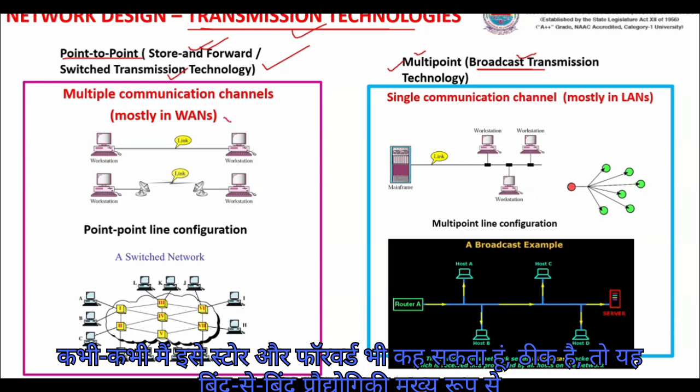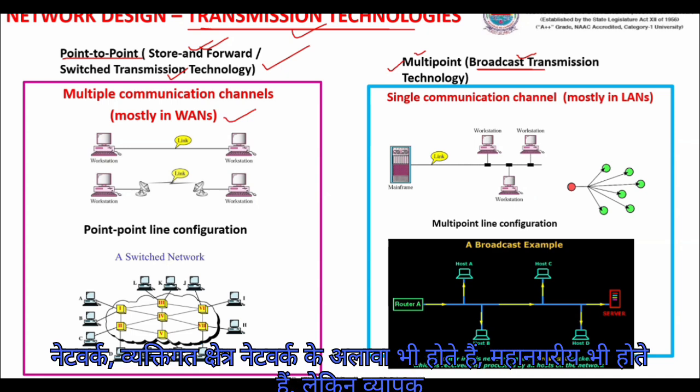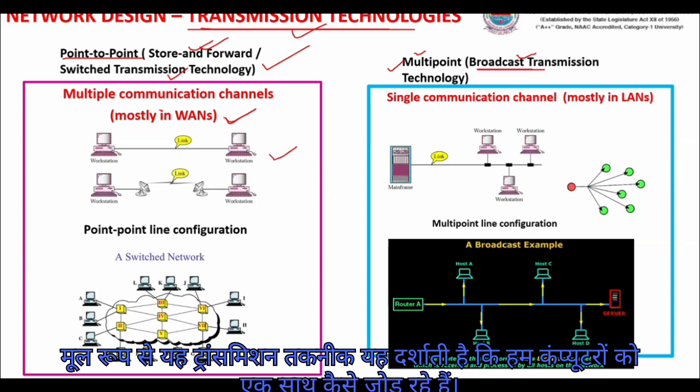So this point-to-point technology is mostly used in wide area networks. We are going to take up two categories, local area networks and wide area networks. Personal area networks and metropolitan area networks also exist, but the broad categories are LANs and WANs. In wide area networks, we have this kind of a connection.